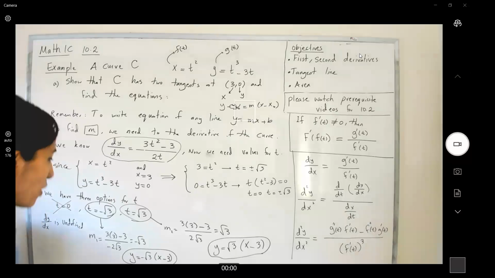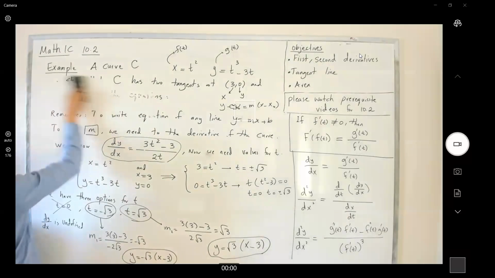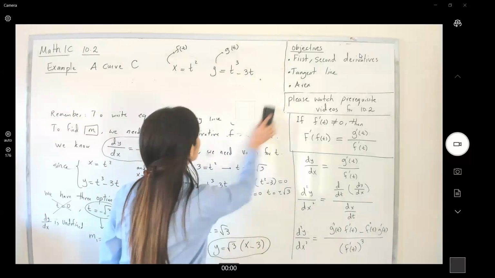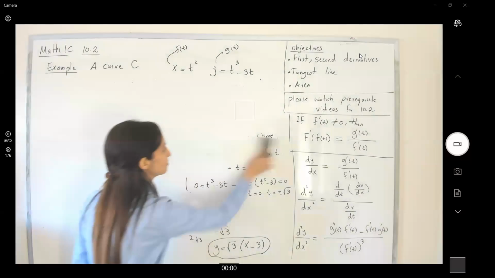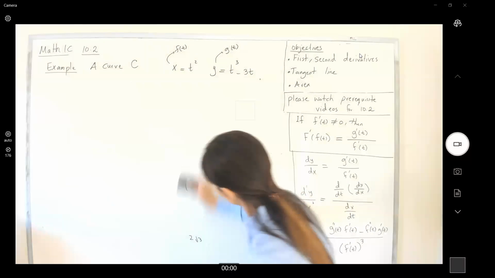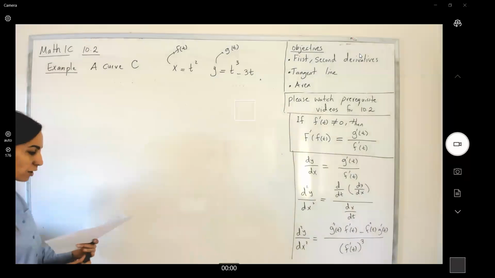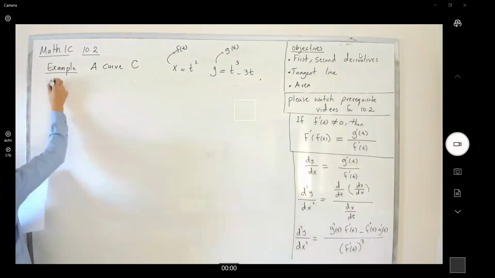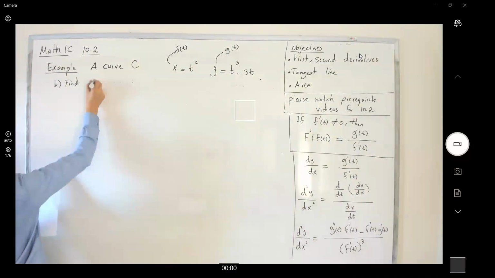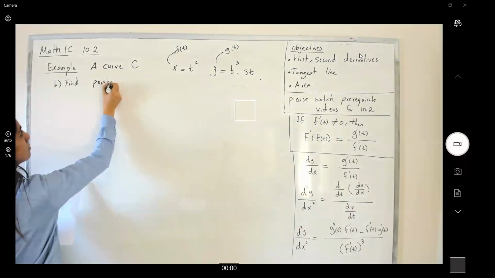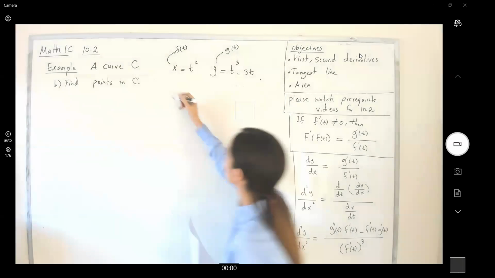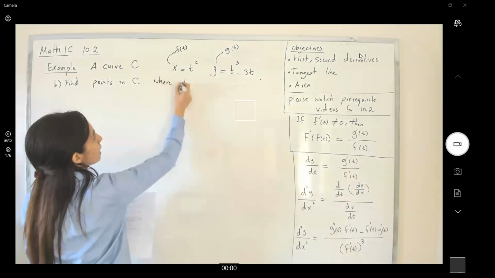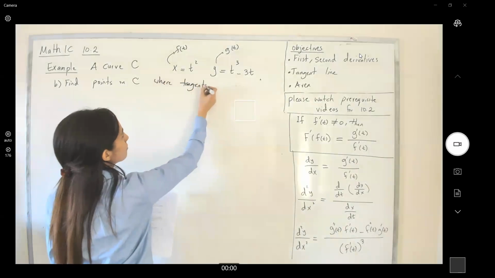Let us move on to the second part. Well, the second part of the question says, find points on C where the tangent is horizontal or vertical.